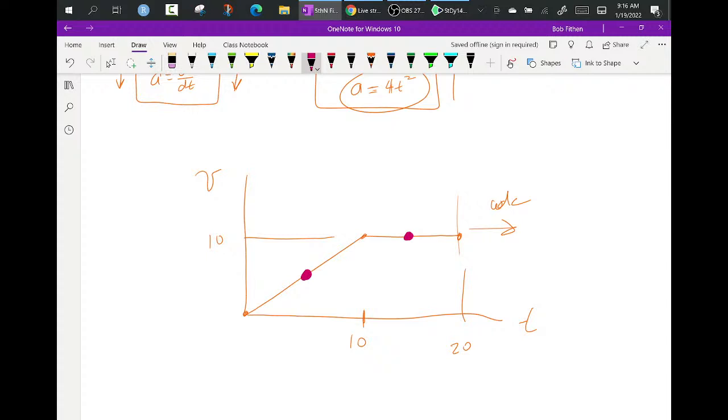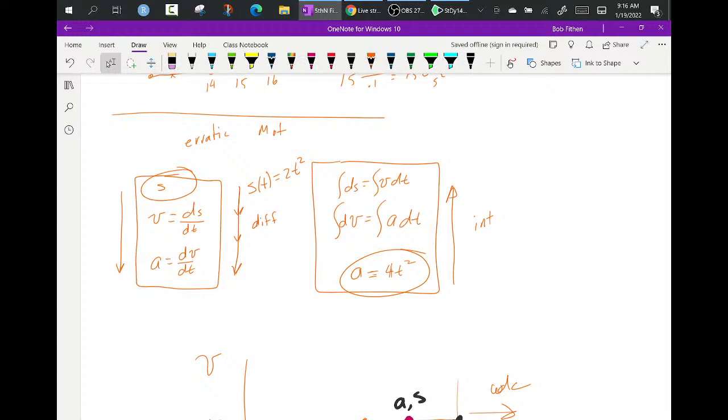What's the position here? So in other words, I could be looking for the acceleration or the position, and we might as well go out to 20, and we can look for the acceleration and position. We're caught in the middle, right here.